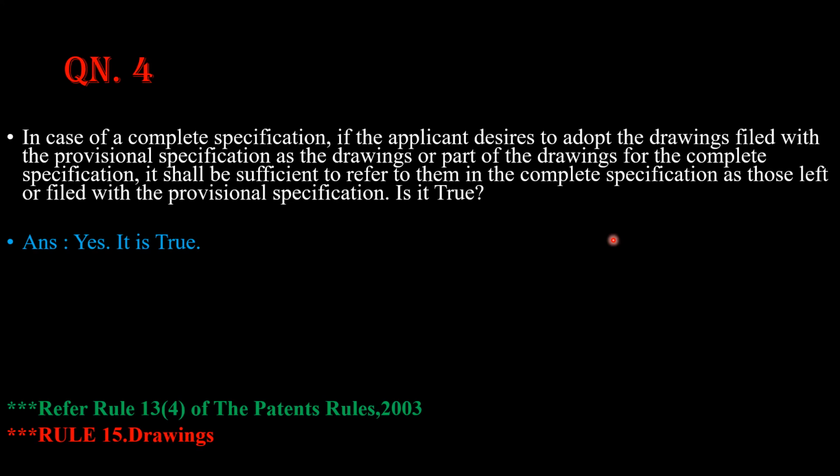So the statement is this. My question is, is it true? Yes, it is very much true. For the truth of this statement, please refer Rule 13 sub Rule 4 of the Patents Rules 2003. As it deals with drawings, it is linked with rule 15, that means the title of rule 15 is drawings. That's why it is mentioned here, nothing else. Fine.